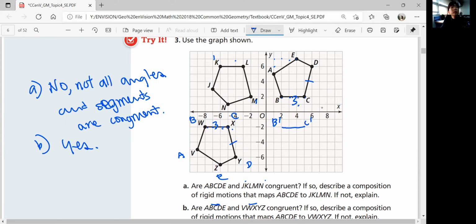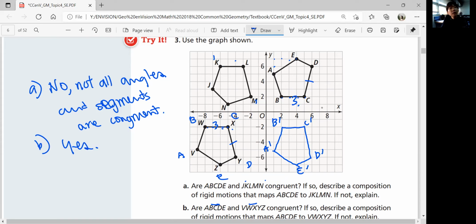That's B prime, C prime. And that's A prime. And that's D prime. This is E prime. And that is our reflection over the x-axis. Does it match? Yes, B, C, D, E, F. The orientation matches, right? A, B, C, D, E. So then we're just going to move all the points.